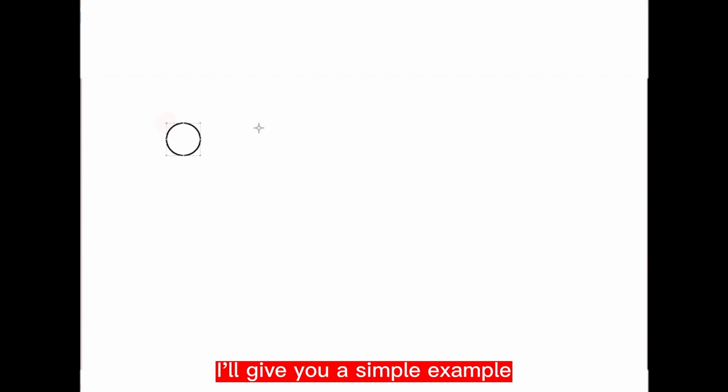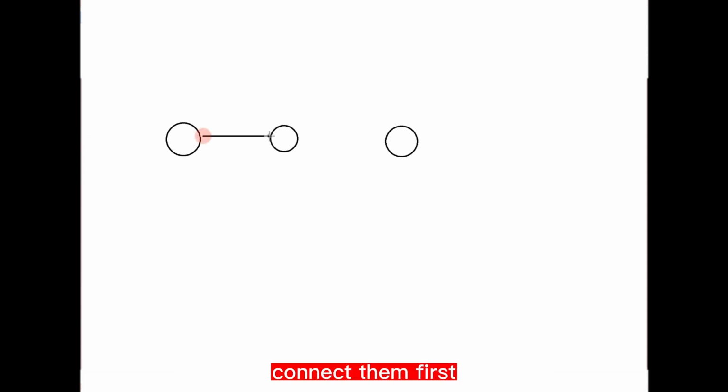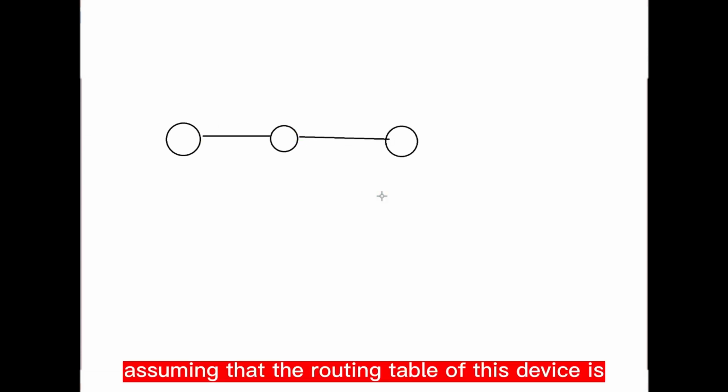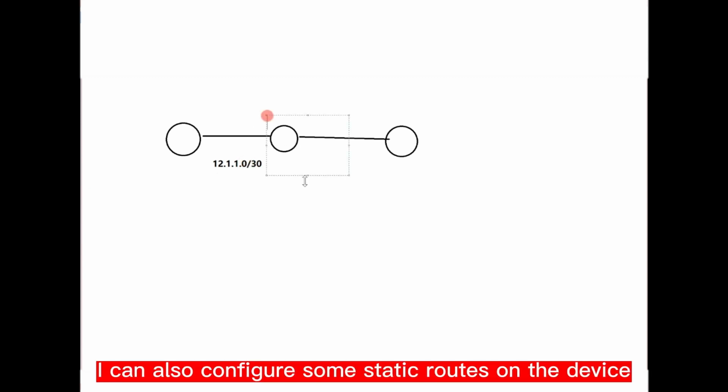I'll give you a simple example. For example, there are now 3 devices. Connect them first. Assuming that the routing table of this device has 2 same routes. There is a 12.1.1.0 with a 30-bit mask. This is a local direct link. But for this device, I can also configure some static routes.